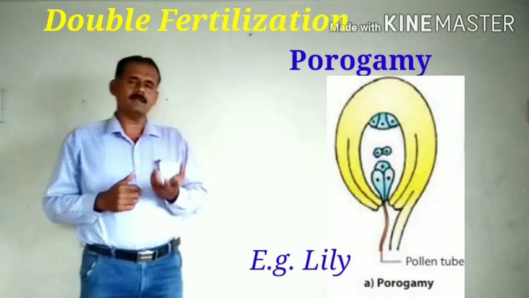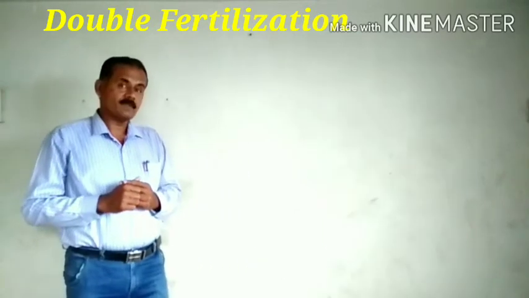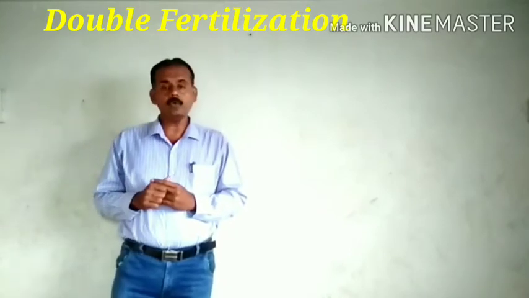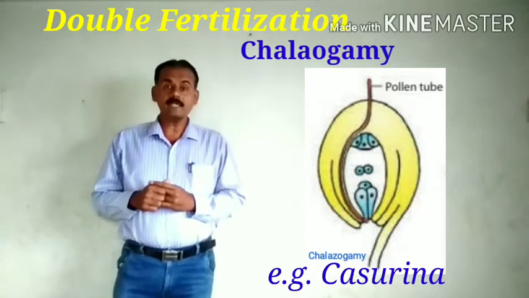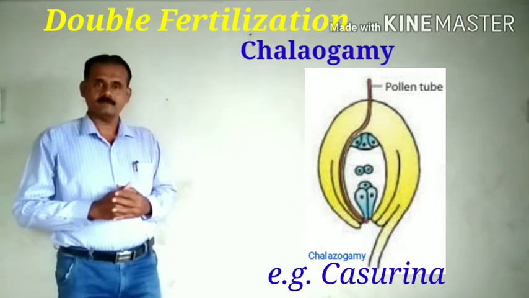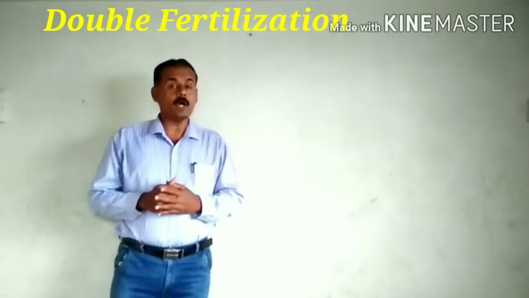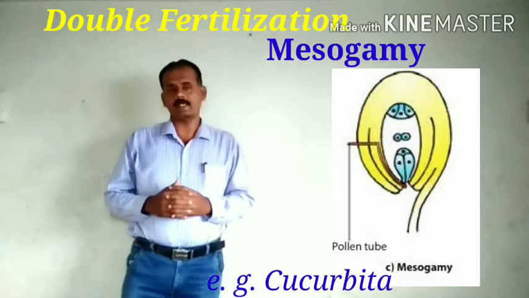But there are other ways also. Sometimes the pollen tube enters the ovule through the chalaza by crushing the chalazal end, and sometimes it also enters through the integuments.